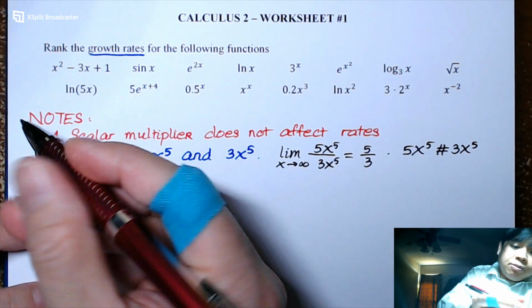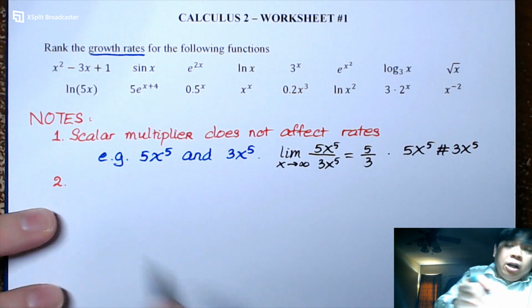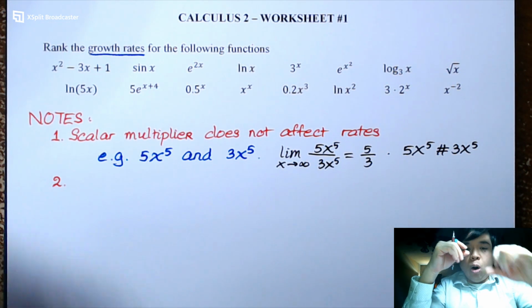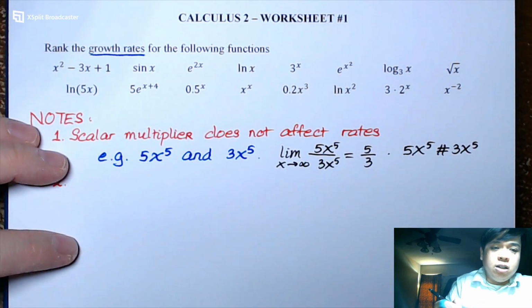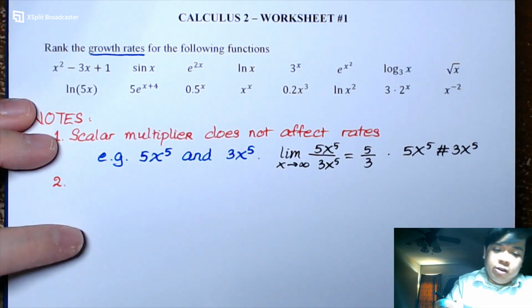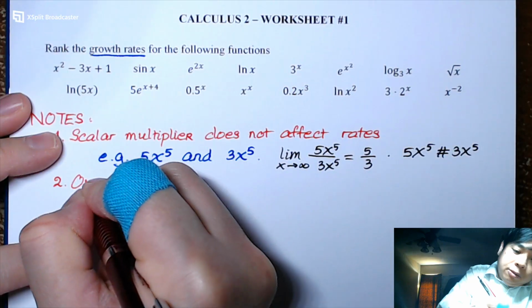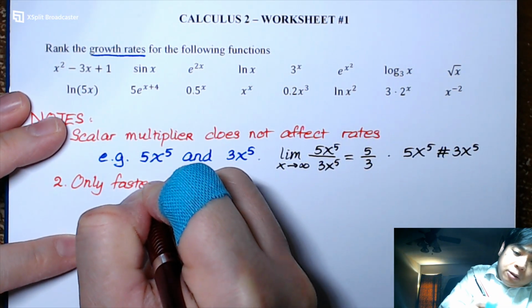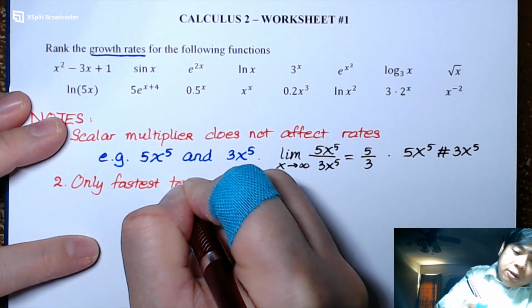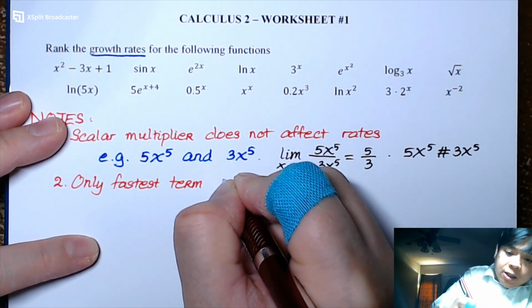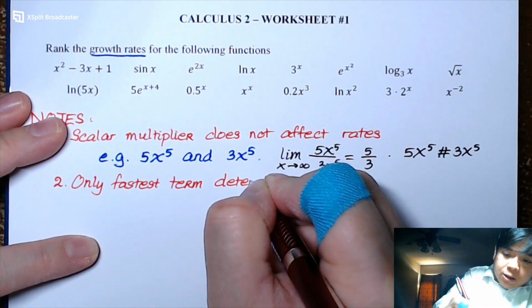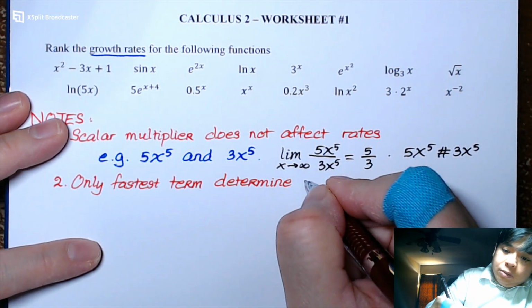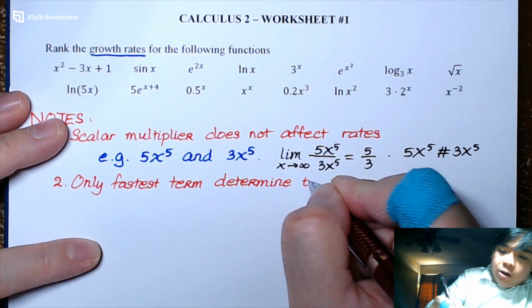That's the first one. Number two: if we have a sum or difference, only the fastest term will determine the rate.